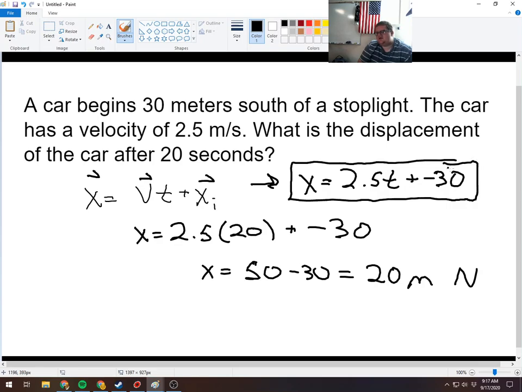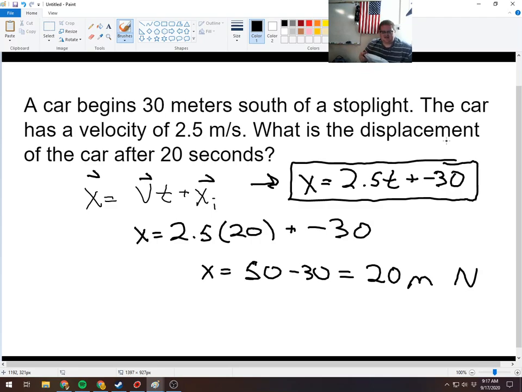If you put that into your calculator and graph it, you'll get a line. It's got a positive slope, but it intercepts at negative 30. This describes that object's location at any time. I could find it 100 years from now. If it's still going at the same speed, I can convert 100 years into seconds, put that in for t, and I know exactly where it is. And that's a pretty powerful thing that we can do.